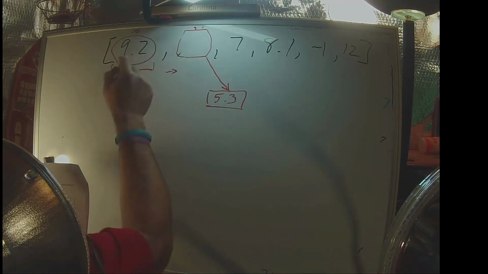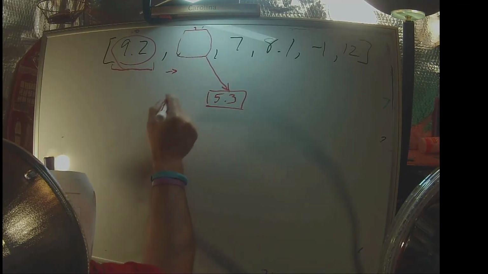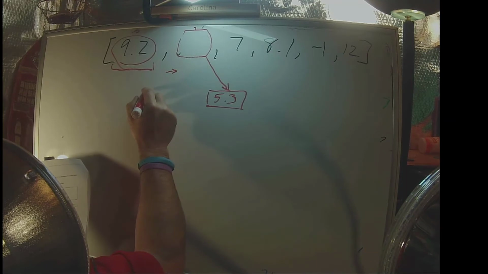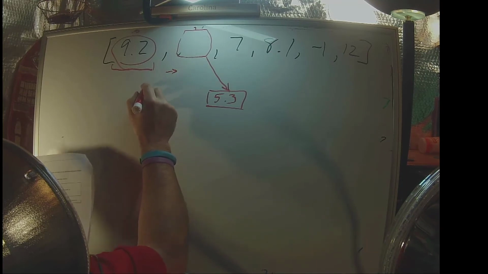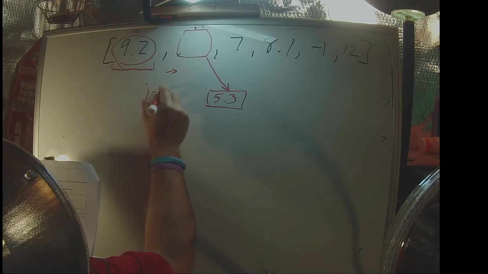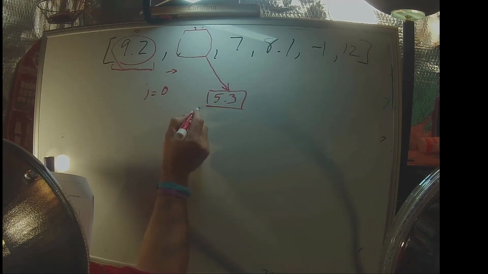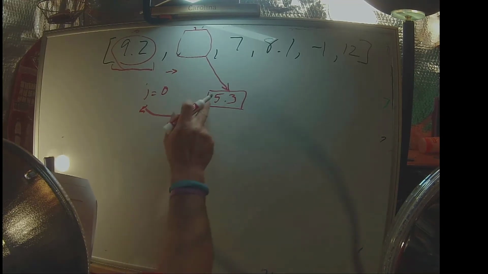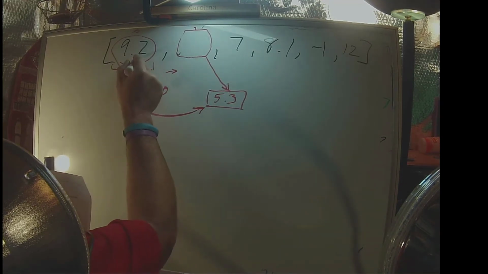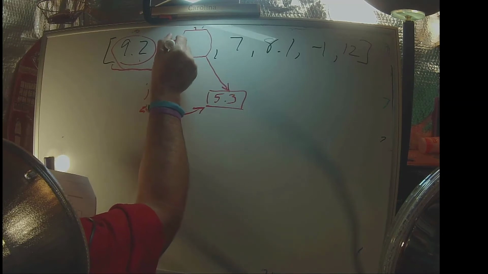So you look at 1 down from where you currently are. So we start out with our j, for example, equal to 0. We start out with j pointing here, and we compare these two values. And if this value is less than this value, then we move our hole down 1.